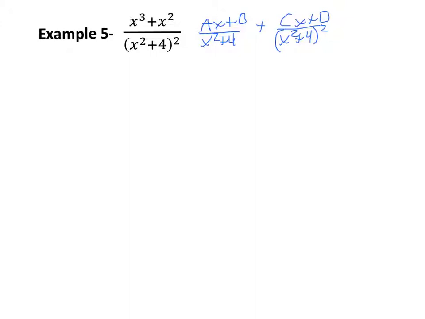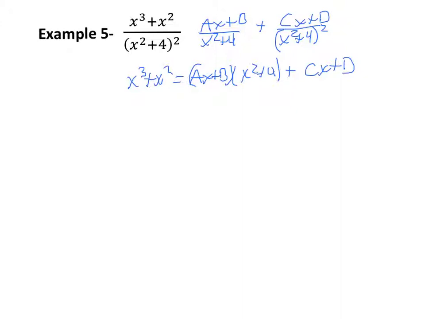All right, so we times everything by our denominator. We all got that down, right? So we get x cubed plus x squared equals ax plus b times x squared plus 4 plus cx plus d times 1, right? That is our common denominator. That's the nice thing there. Now, again, for this one, sweet numbers, a little iffy, right?